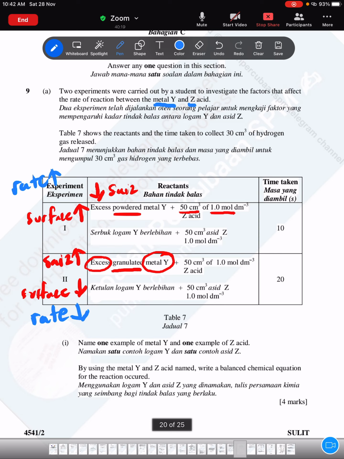Guys, how can you relate this with the time taken? As you have a higher rate of reaction, definitely you have a shorter time taken. When you have a lower rate of reaction, definitely it has a higher time taken.